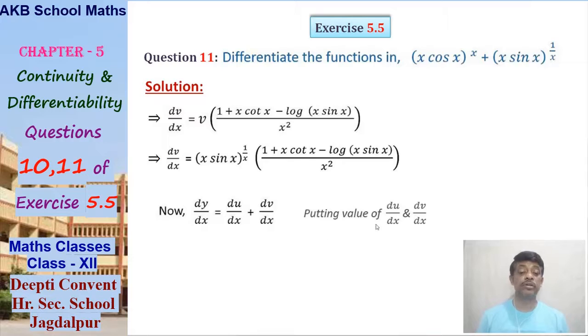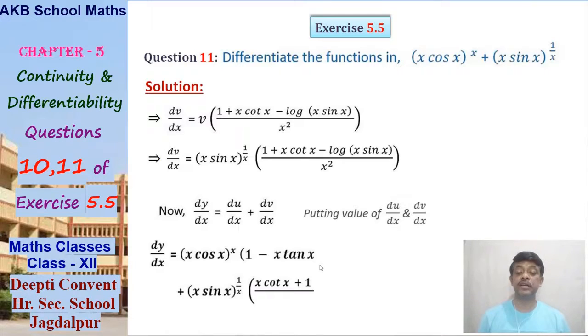So putting the values of du by dx and dv by dx, we get dy by dx equal to the value of du by dx plus the value of dv by dx. So this is the final derivative of question 11, for this function.